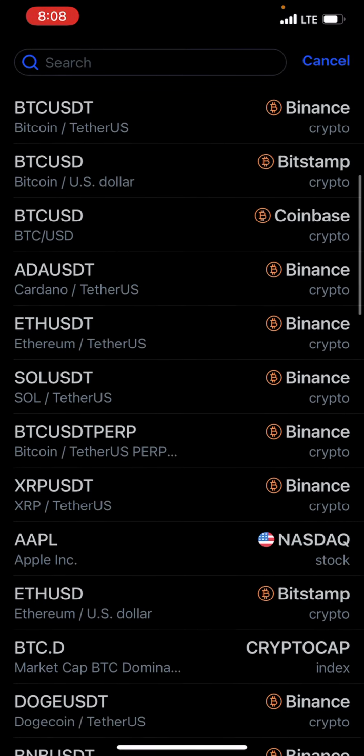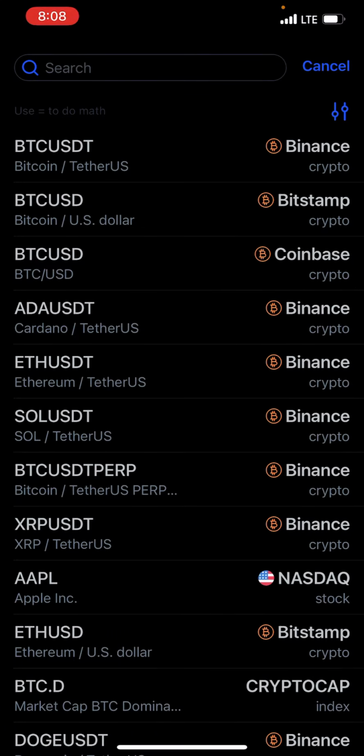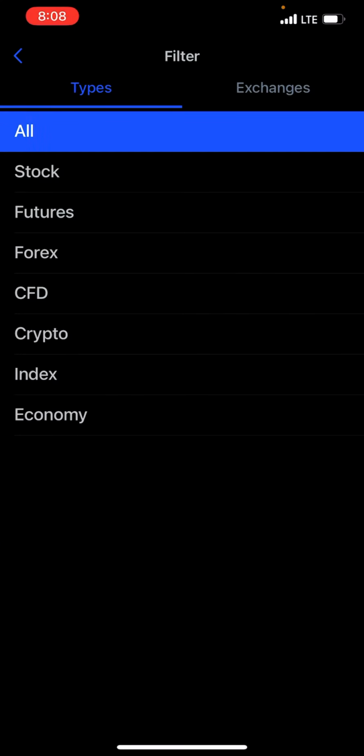These are the tickers that have been used, I'm assuming TradingView does it most frequently, but if you filter for either exchanges or types, you get a pretty good idea of what the most popular tickers are on the platform. TradingView is a really good source for figuring out the most popular stocks, cryptos, futures, Forex pairs, whatever.